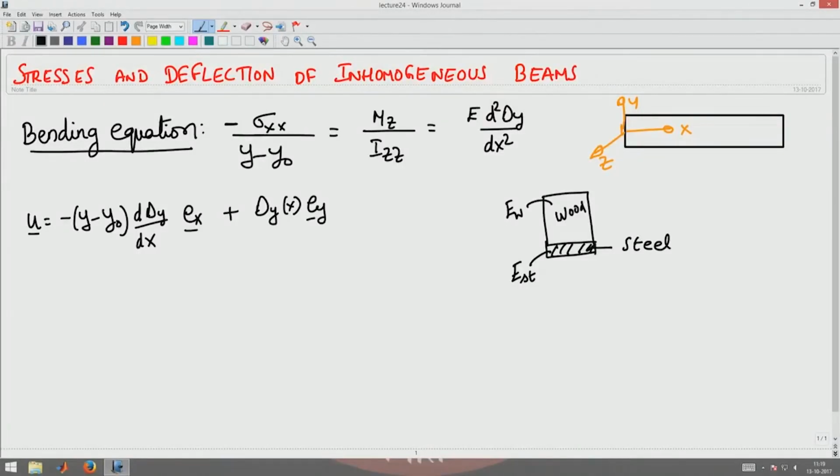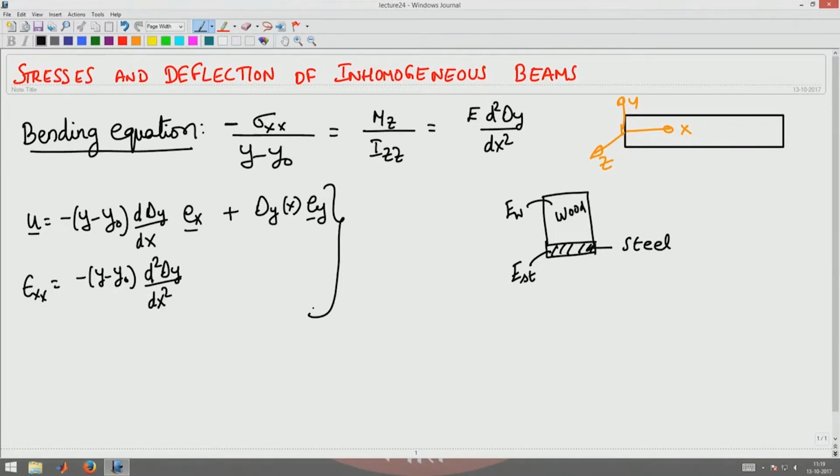From here we computed the epsilon xx strain as minus (y minus y naught) d square delta y by dx square. Even when the beam is inhomogeneous, we assume that this is the displacement field and this is the strain field.